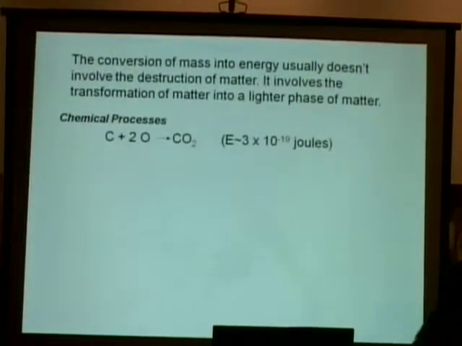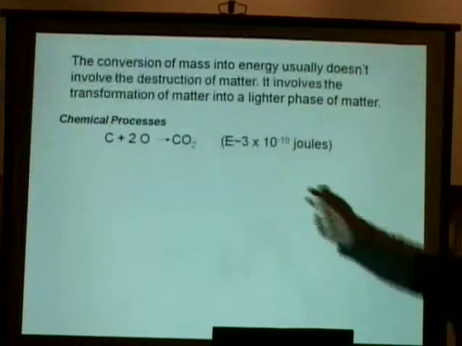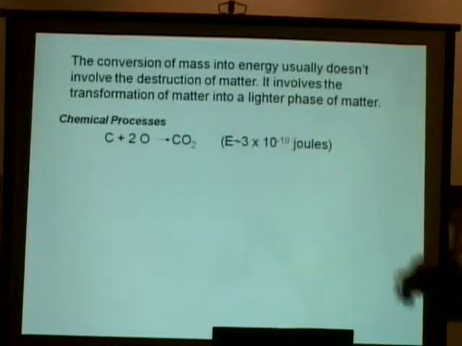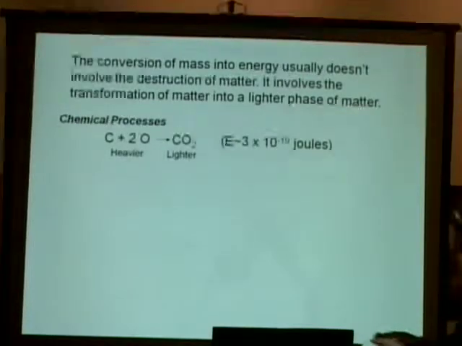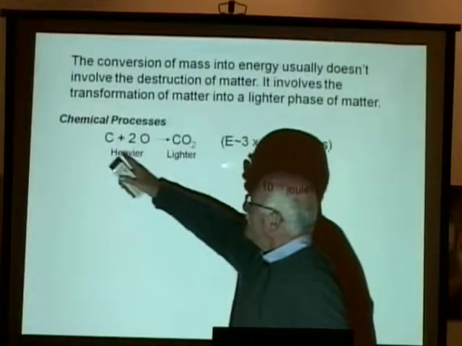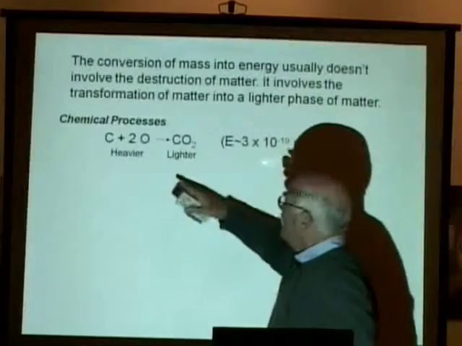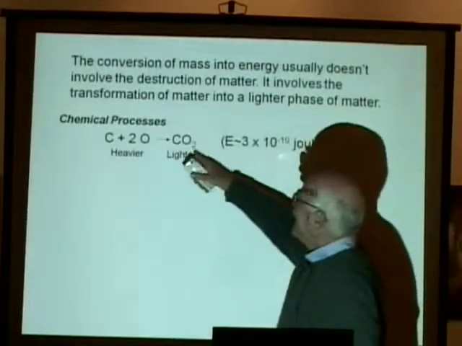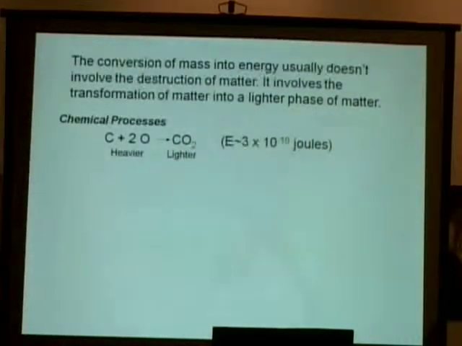Those of you who may know the scale, it's a few electron volts of energy. But in terms of joules, what we're talking about tonight, it's an extremely small number, 3 times 10 to the minus 19. What does that mean? Well, that means that this combination of a free carbon and 2 oxygens is heavier than the CO2, which is lighter, and that's what allows that process to take place. If you want to separate those two things, you have to provide energy.